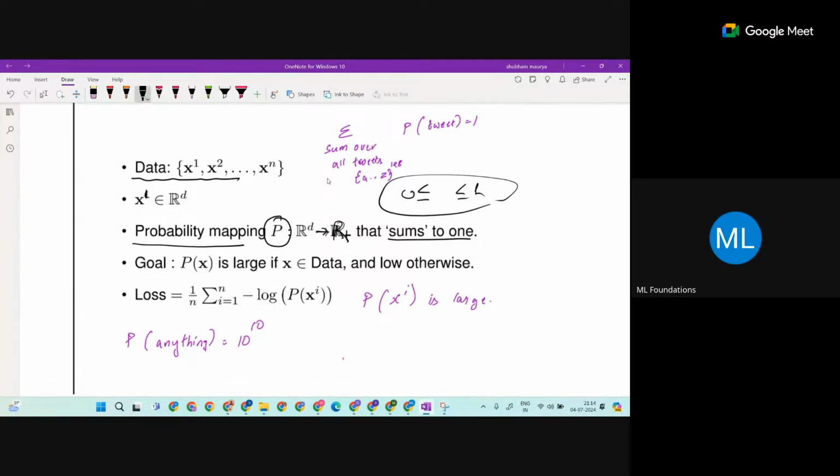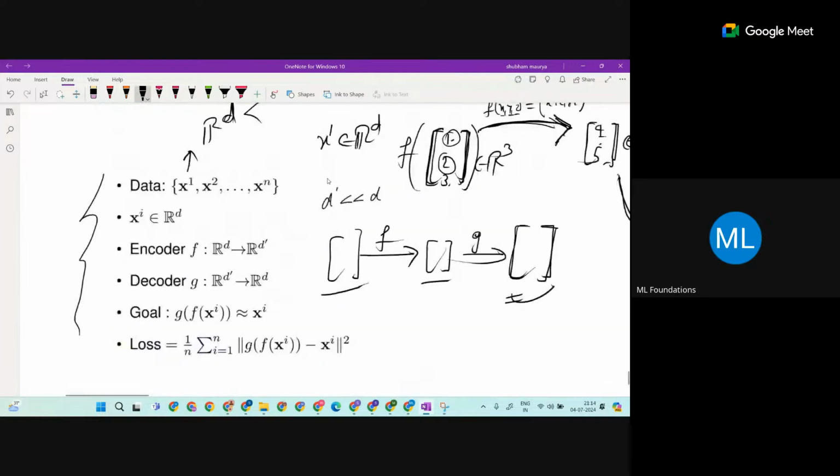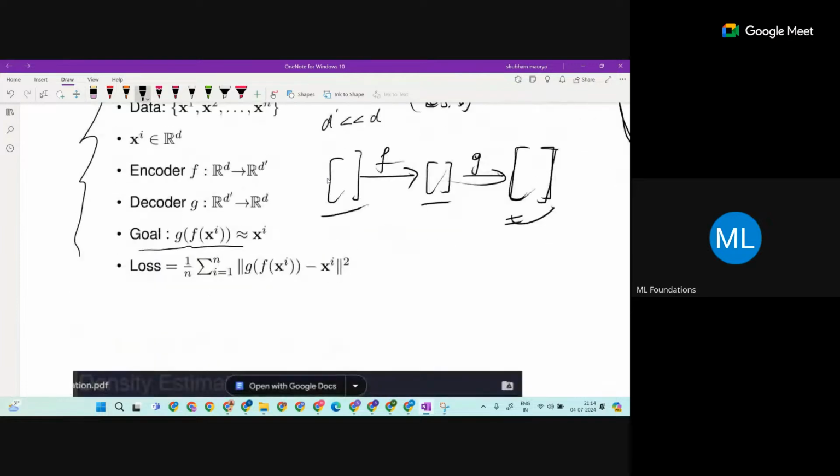What is the goal here? We try to get the reconstructed vector.